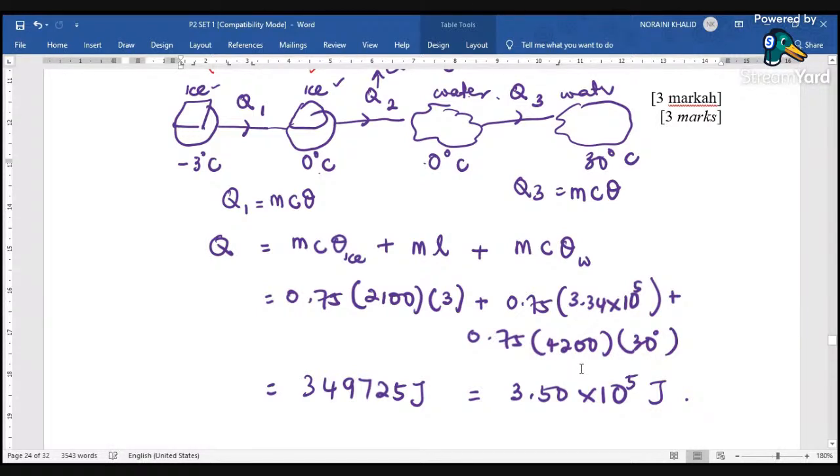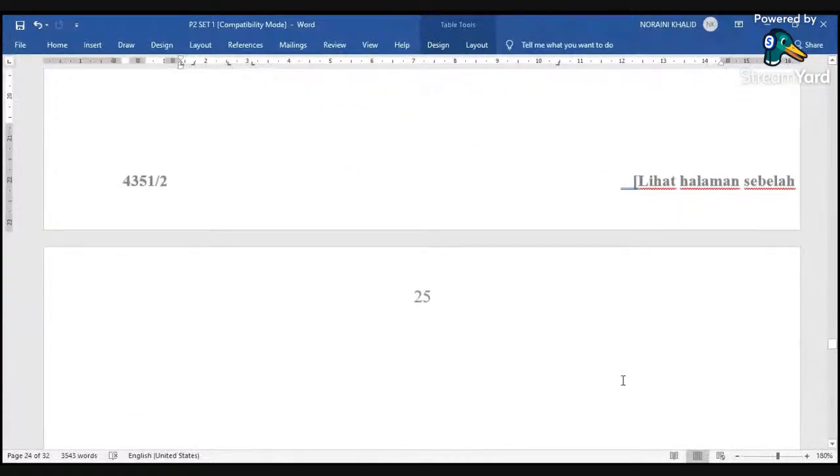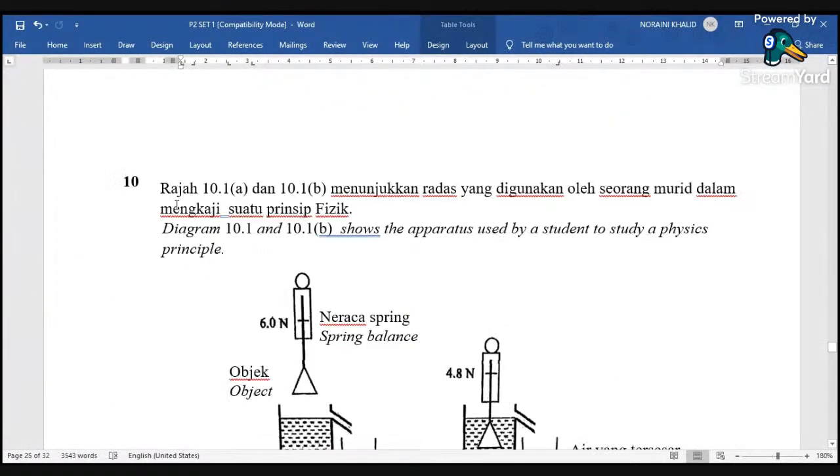Quite long, this step. Okay, that one is for number 9, topic heat. Now look at number 10.